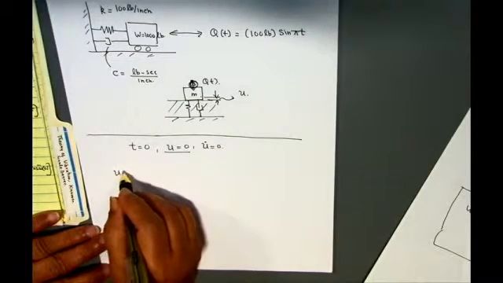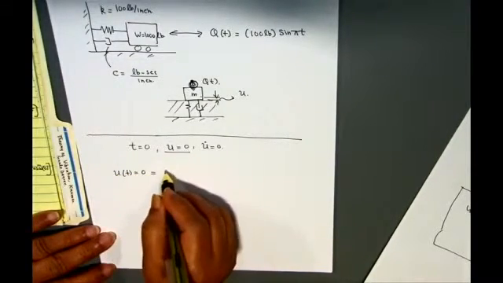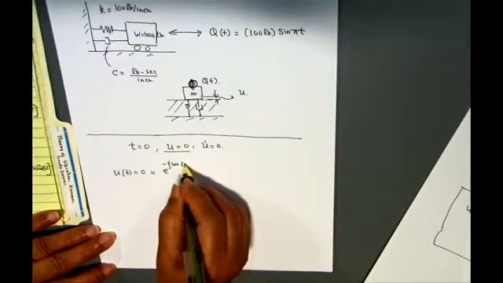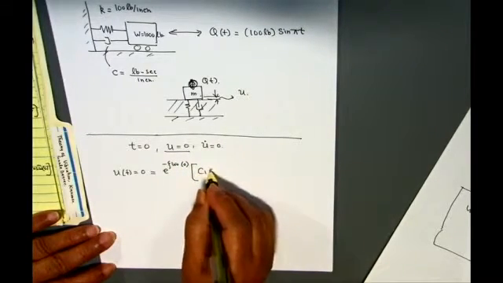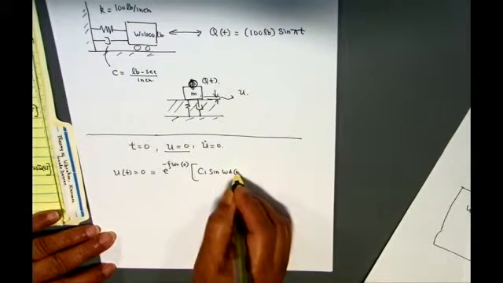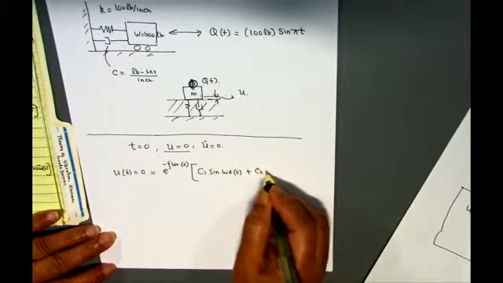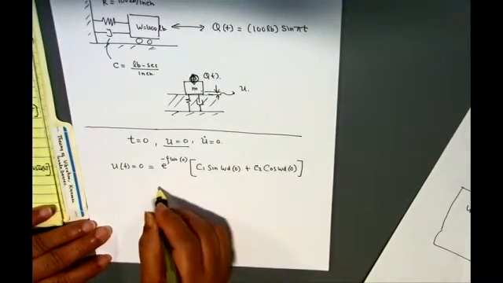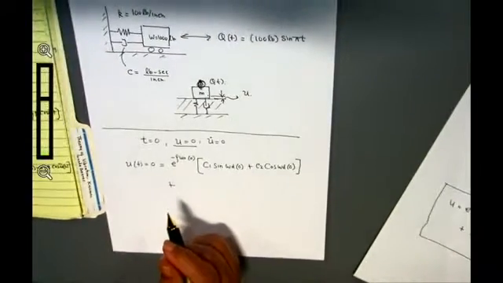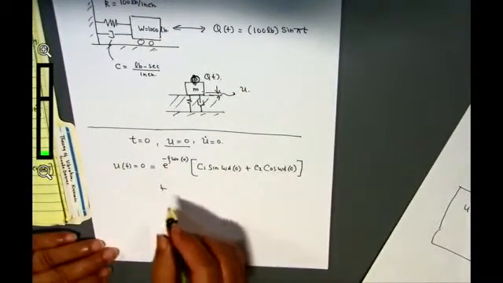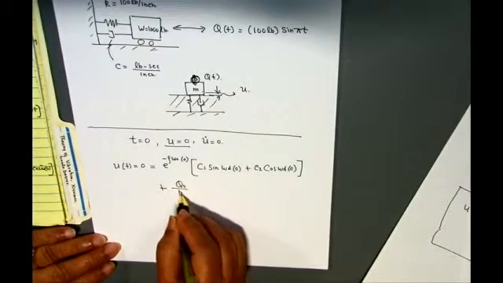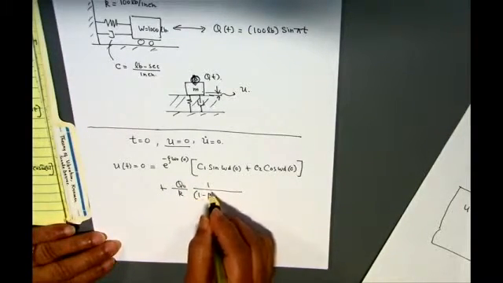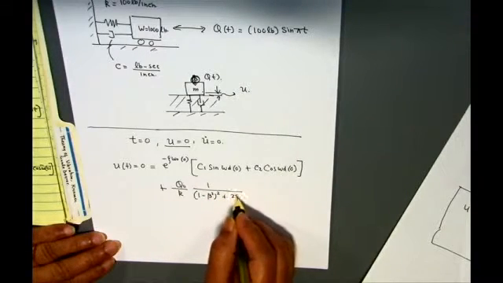So our complete solution is going to be e to the power minus zeta omega times 0, which becomes 0, and then C1 sine omega d times 0 plus C2 cosine omega d times 0, and plus we have q0 over k, 1 minus beta square plus 2 zeta beta.